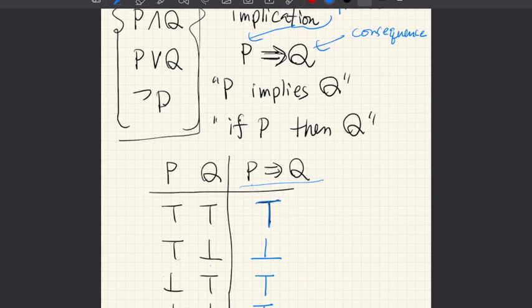And when the premise is true but the consequence is not true, then it's false. It makes sense. But when the premise is false, then this implication is true. This means if you base your argument on a false assumption, then anything can be true. That's what this implication means. Okay? So that's implication.